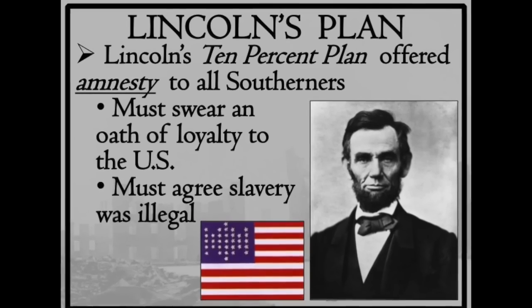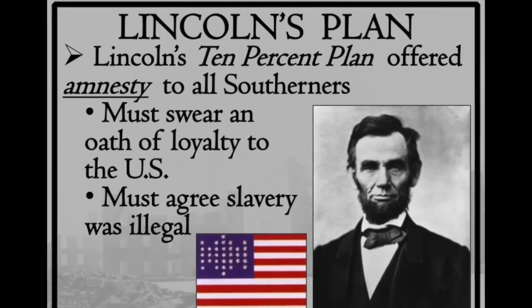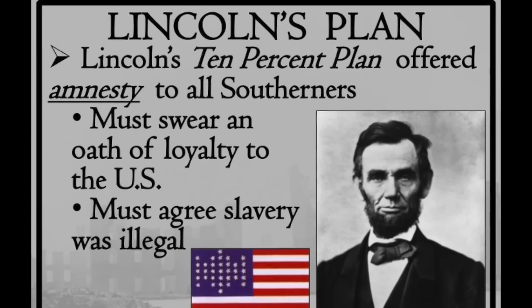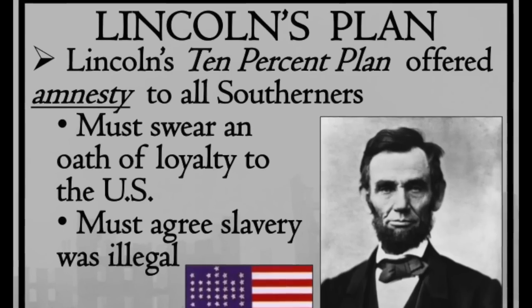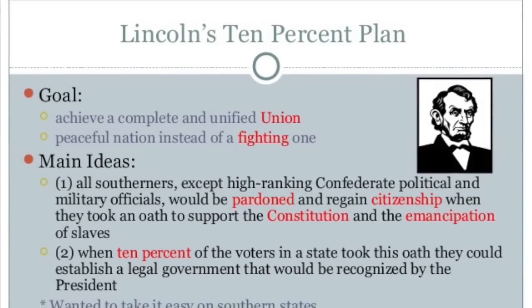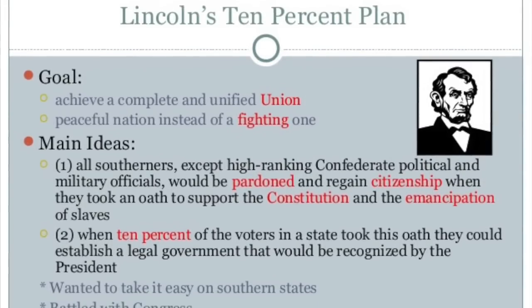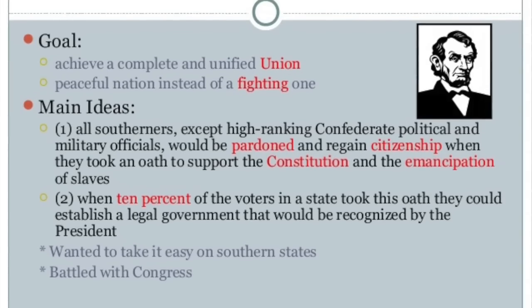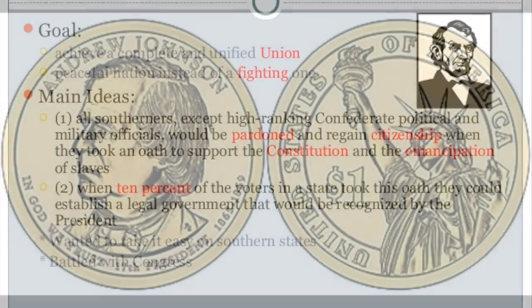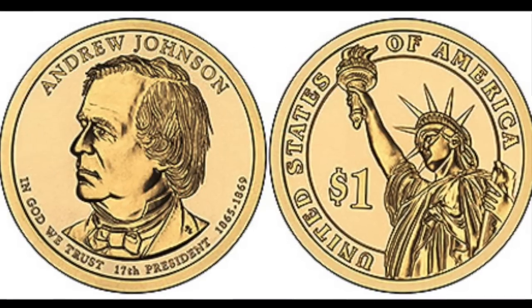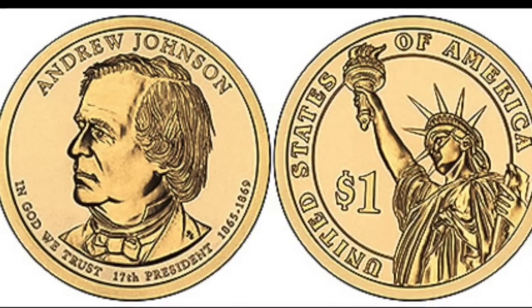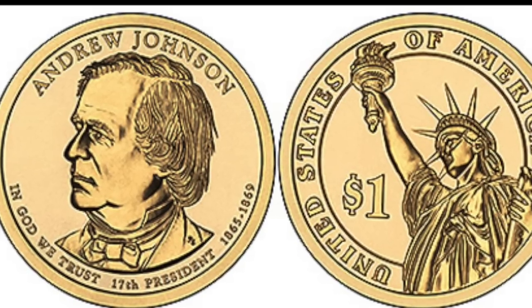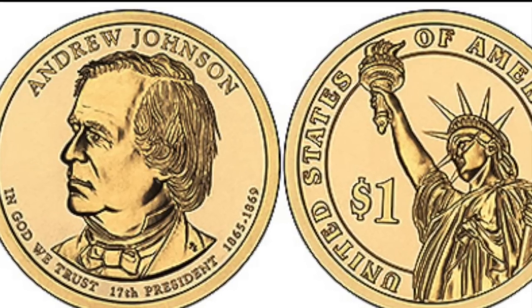Before his assassination, Lincoln proposed his 10% plan, which called for only 10% of a Southern state's voters to swear an oath of allegiance to the Union in order to be readmitted into the Union. Everyone was outraged by the leniency of this plan, which led to his assassination. Johnson's main goal was restoration of the United States, but he was partial to the white man and didn't have anti-slavery sentiments.